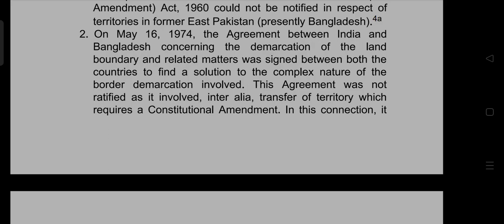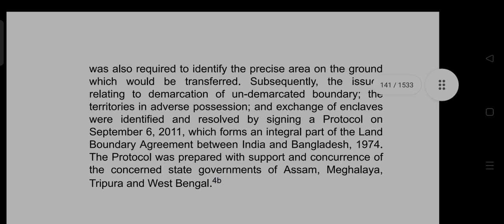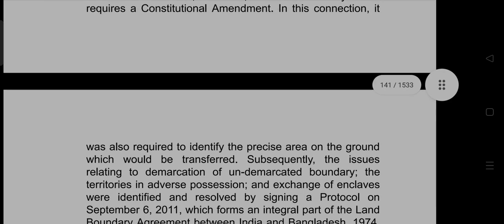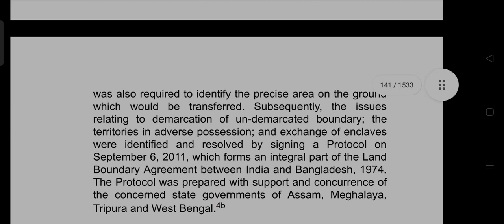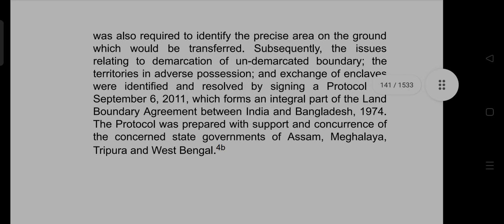The agreement was not ratified as it involved, inter alia, the transfer of territories, which requires a constitutional amendment. In this connection, it was also required to identify the precise area on the ground which could be transferred.